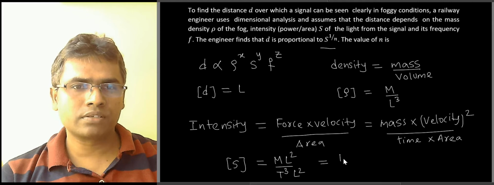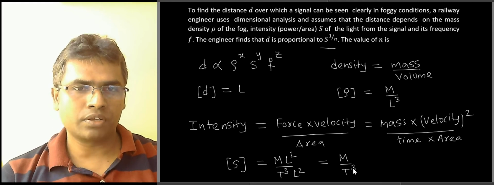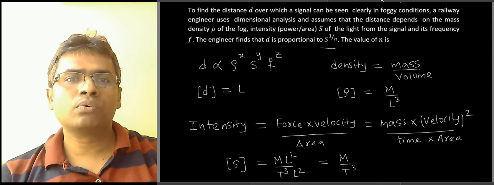So the dimensions of intensity of light will be mass divided by T cubed. Okay. Now, frequency is the number of waves emitted per unit time. Any number is dimensionless. So the dimensions of frequency is simply 1 over time.